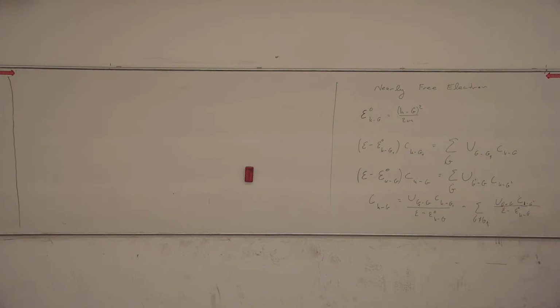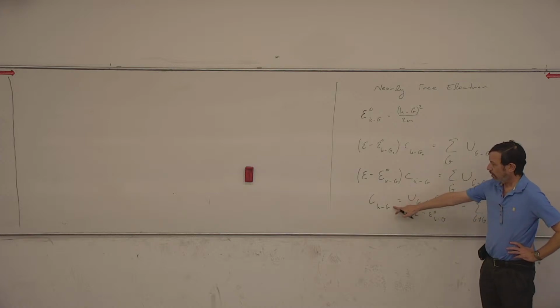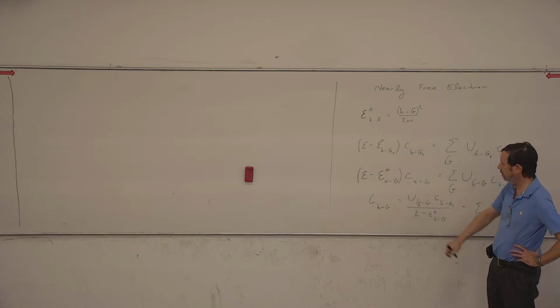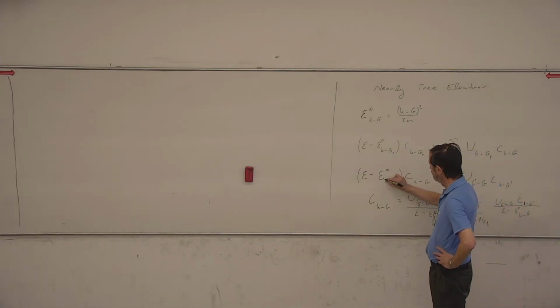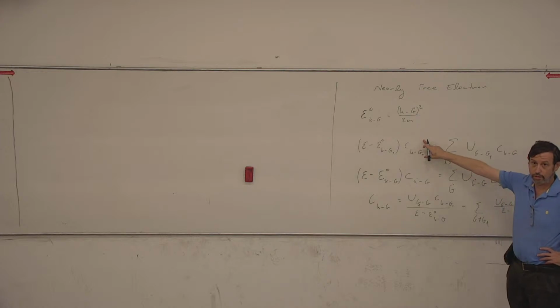Okay, let's look at what's happening here. I just rewrote this by dividing by E minus E0 of k minus G. And now I'm going to insert it into here.